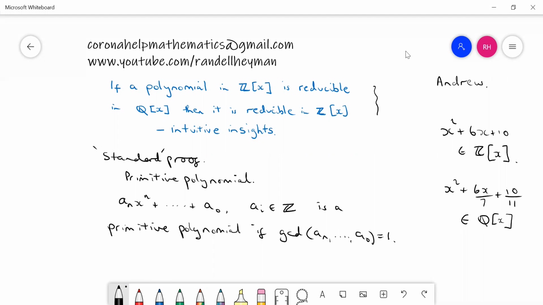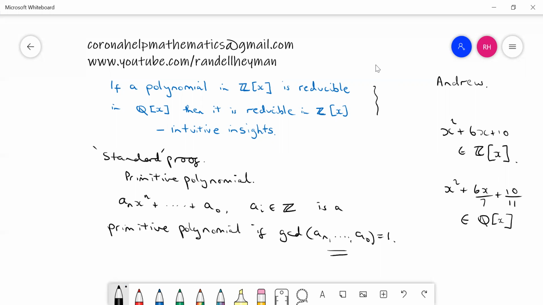Now, I guess everyone looking at this will understand how you can have a GCD of more than two numbers. In school, the GCD would be of two numbers. In this case, it's n+1 numbers. You just follow what GCD means. We're looking for a divisor of all of those n+1 numbers.